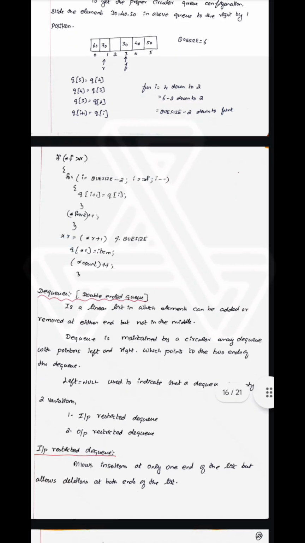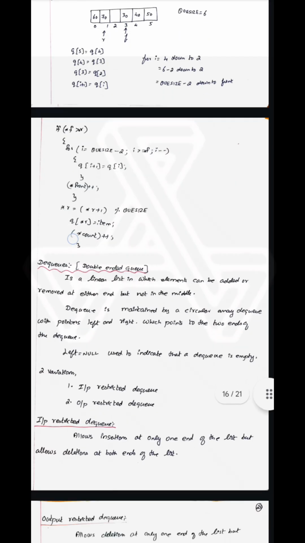F is greater than R, which equals queue size - 2. I equals queue size - 2, then while I is greater than front, Q of I + 1 equals Q of I.